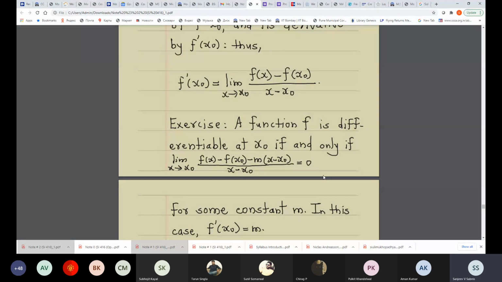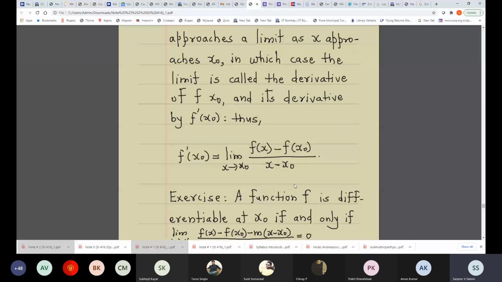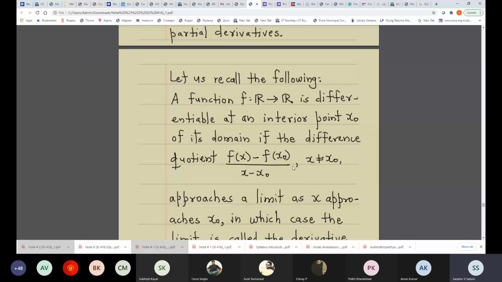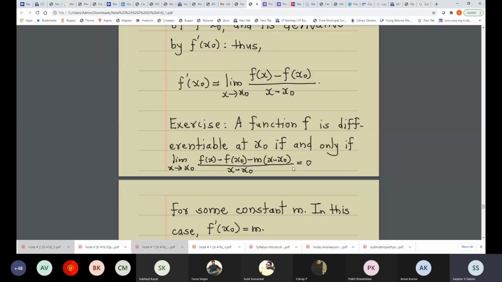Now we are going to generalize this definition for a function f from Rn to R. Whatever we discussed on this slide was for a function from R to R. Now for a function from Rn to R, we're going to generalize. A cue is taken from this result, and mathematicians have generalized this definition.